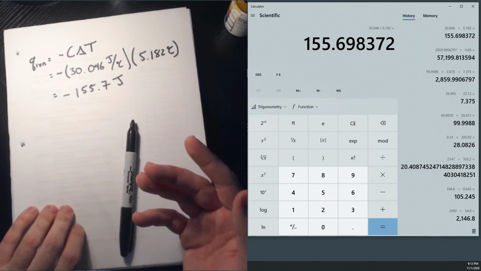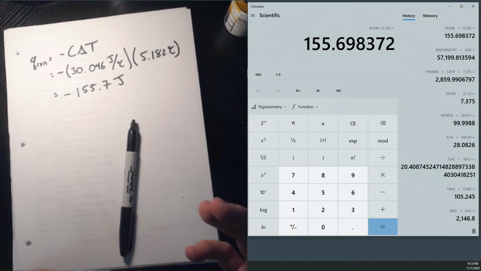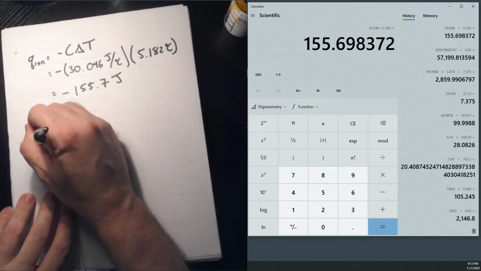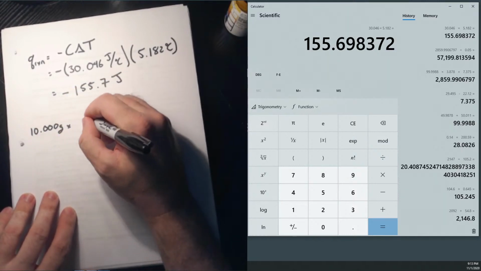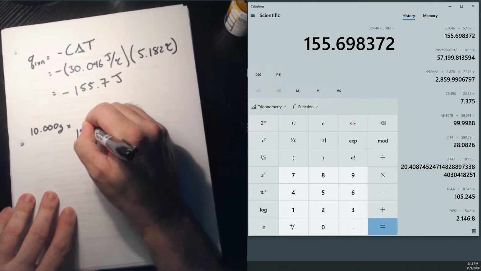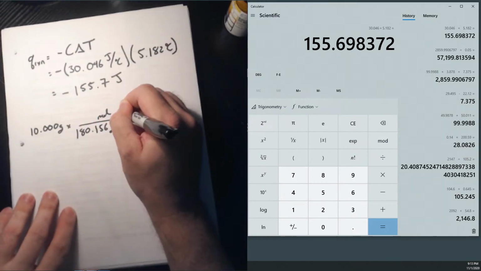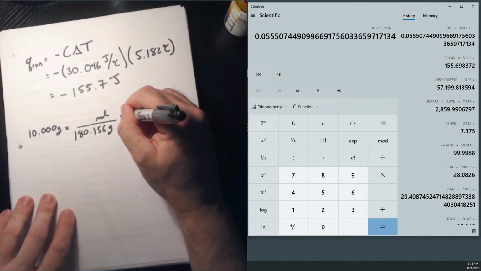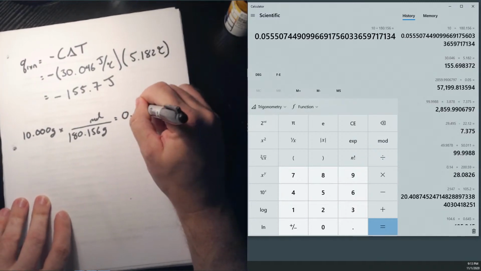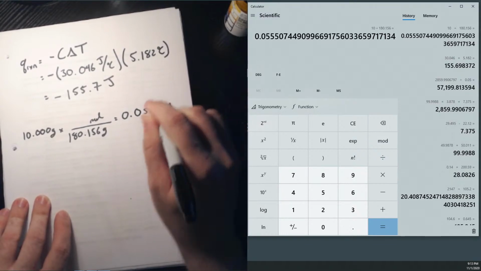But for the internal energy change, we're going to be doing the same sort of thing. We want to generalize it. So we need to know the number of moles of sugar that we burned. Well, 10 grams of sugar, and sugar has a molar mass of 180.156 grams per mole. So 10 divided by 180.156 gives us 0.05507 moles of sugar.